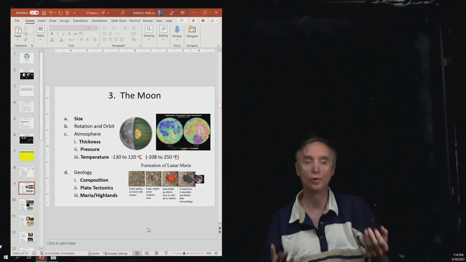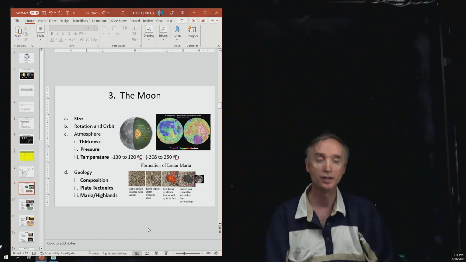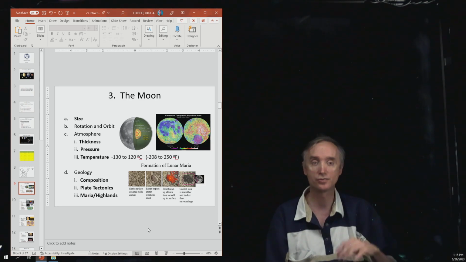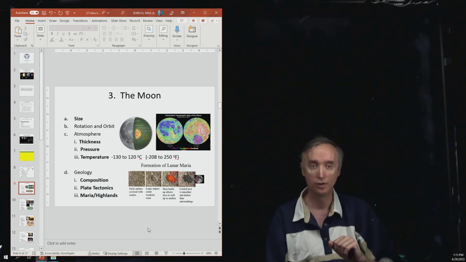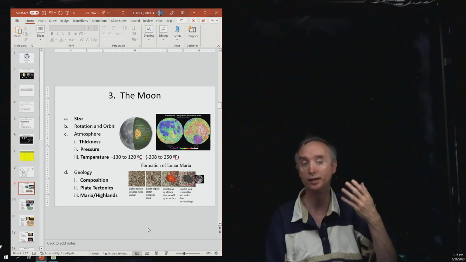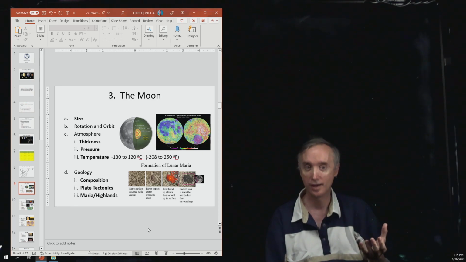So what could be causing this? Okay, so I want you to think about what would it be like if you lived in a desert environment, and let's say that there's no clouds in the sky, and you're in the middle of, let's say, the state of Arizona in North America. So during the daytime, it's incredibly hot. Okay, at nighttime, again, let's say that there's no clouds, it's incredibly cold.